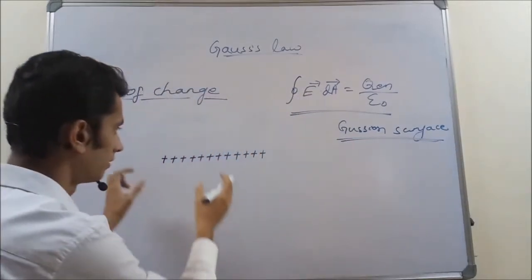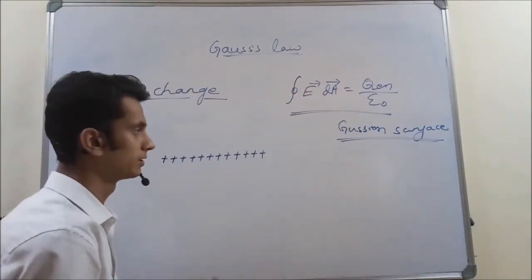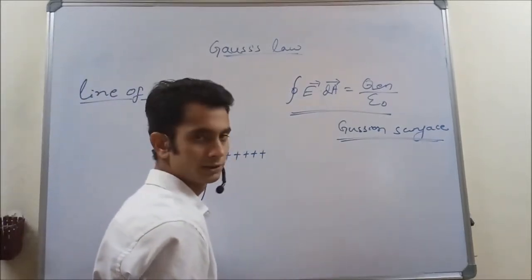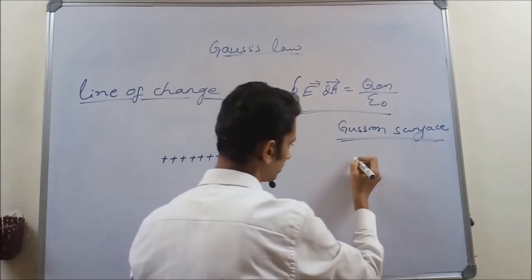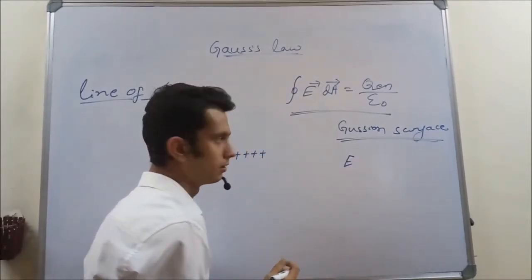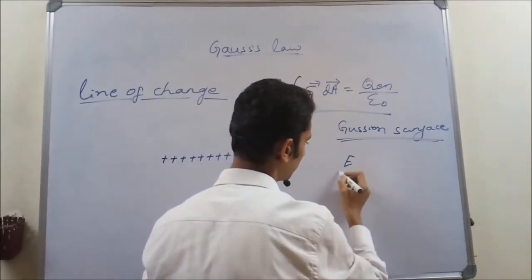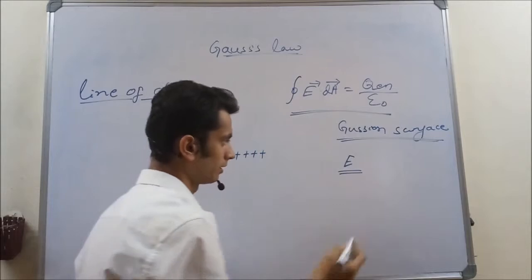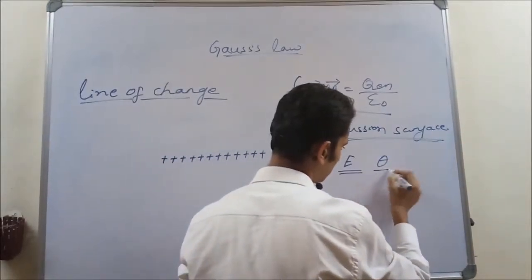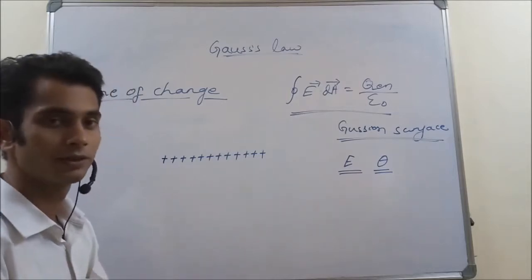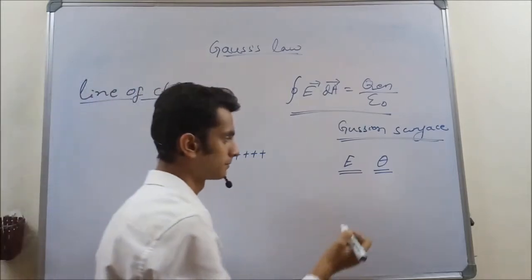Before taking an imaginary Gaussian surface we have to consider two things. The first thing is, on every surface of the Gaussian surface the electric field has to be constant, and theta also has to be constant.